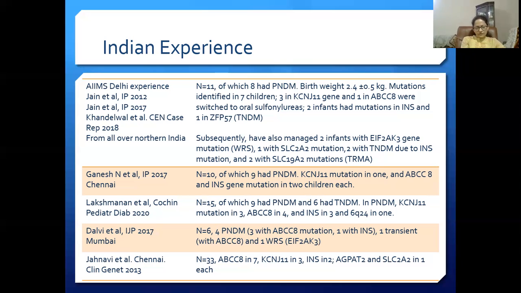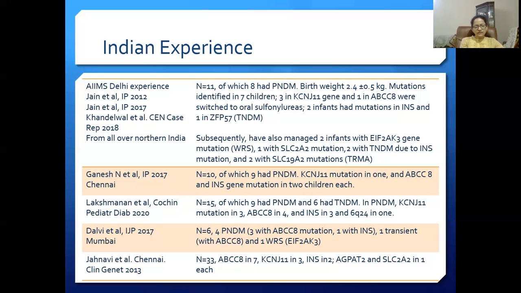Okay, so the other cases that have been reported from India are one case series from Chennai, in which 10 babies were described, out of which 9 had permanent neonatal diabetes. Then another one from Cochin by Lakshmanan et al., in which 15 babies with neonatal diabetes have been reported, of which 9 had permanent and 6 had transient neonatal diabetes. And then from Mumbai, there is a case series of 6 cases.